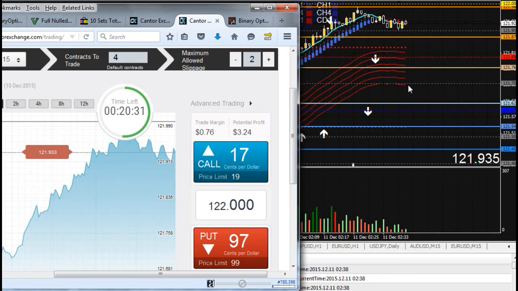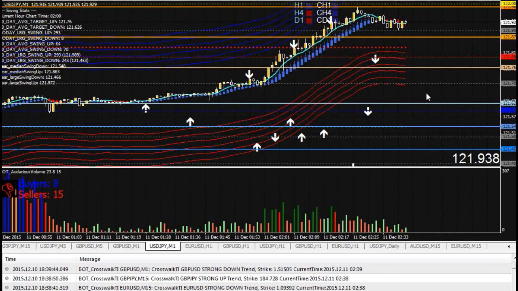Same scenario. This is a hard trade because it's a counter trade, and what I'm hoping is that all of this up trend here is going to finally start to give us some pullback. Well, it is just down below our strike, and I'm hoping it's going to finally break out of this consolidating pattern.